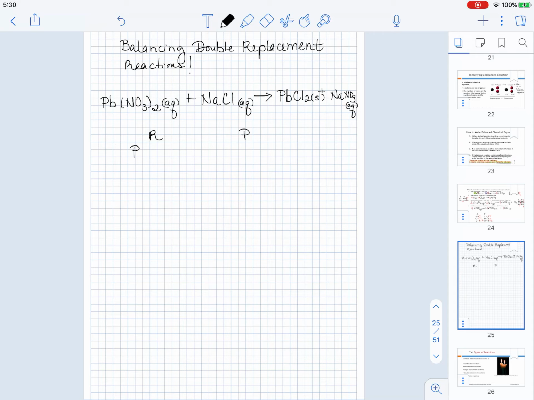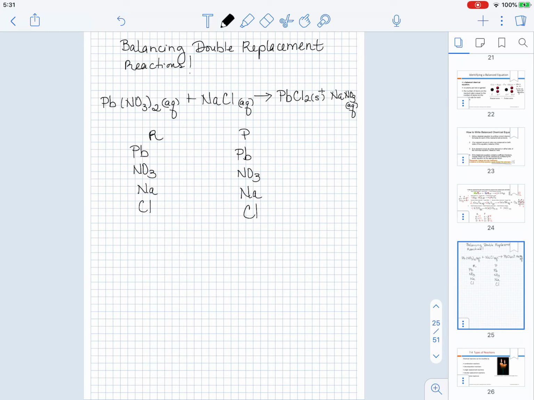I have my lead, I have NO3, I have sodium, and I have chlorine. And the reason why we can treat NO3 as a unit is because it shows up in the products as a unit.